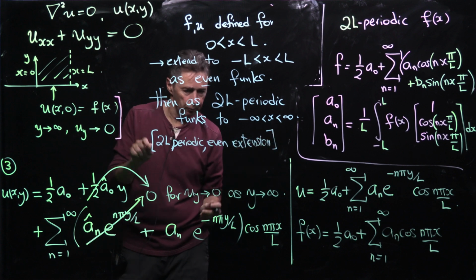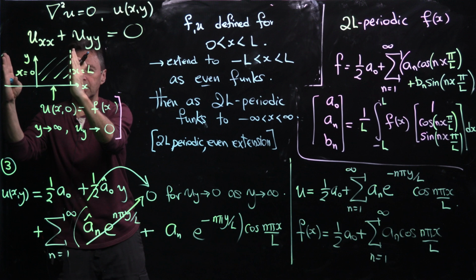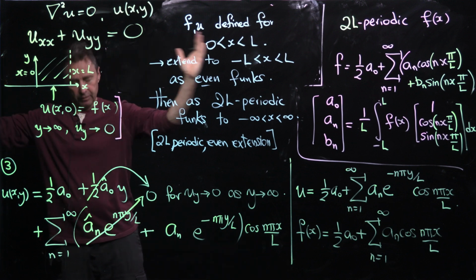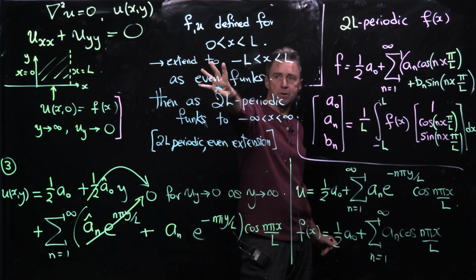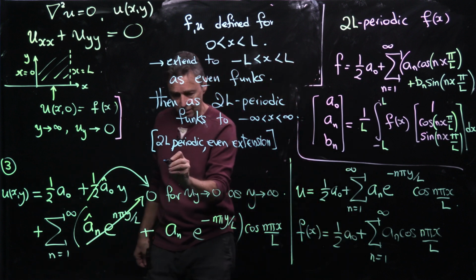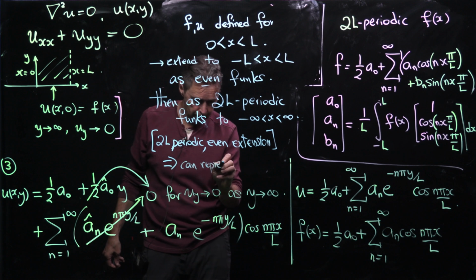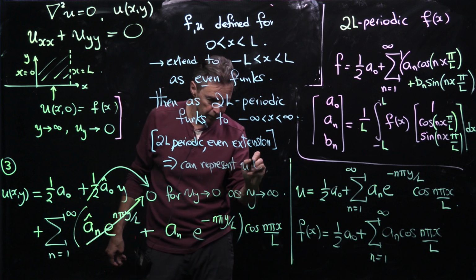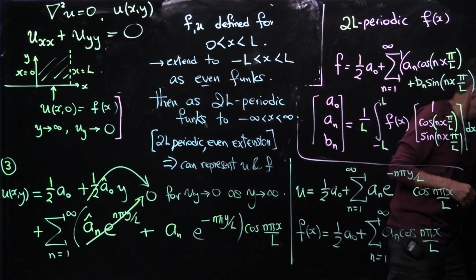I'm playing that game where I have something defined there, I then go there, making it even, then I make it periodic and get the whole line. Right? That means I can represent f and u as Fourier cosine series. A bit more space is needed.